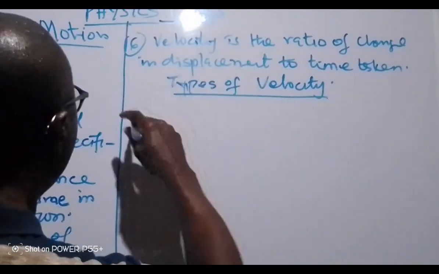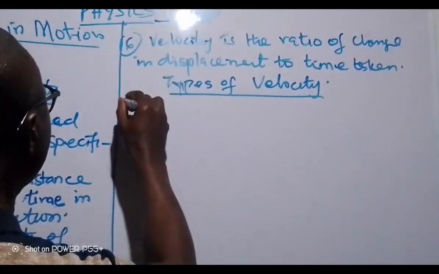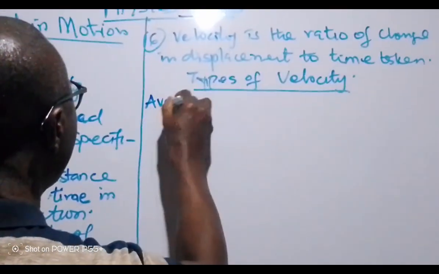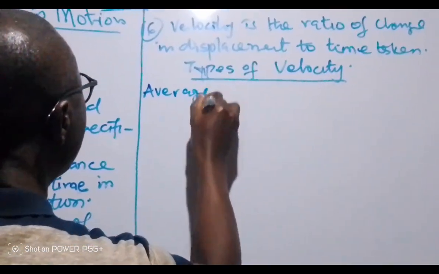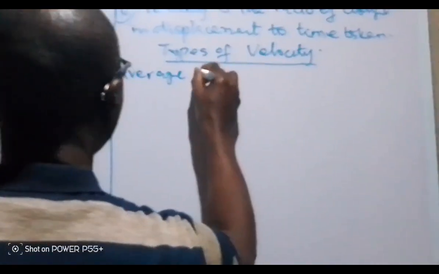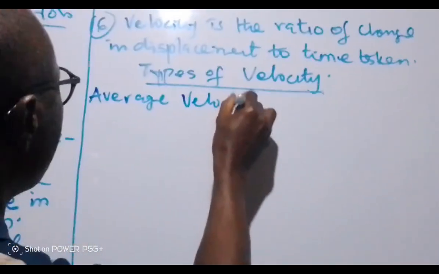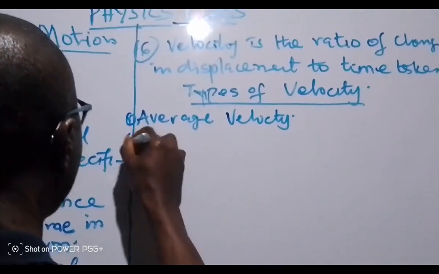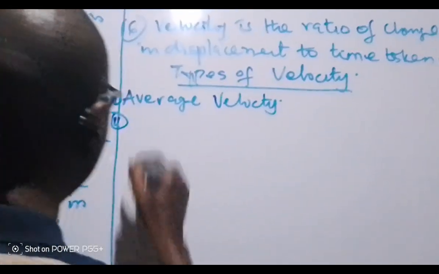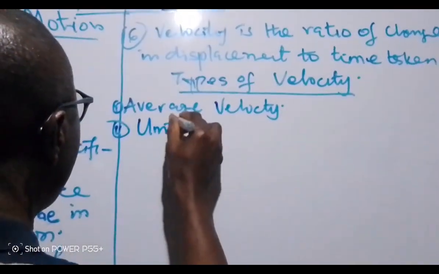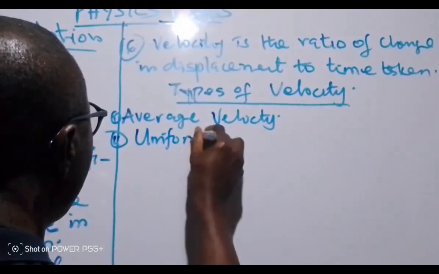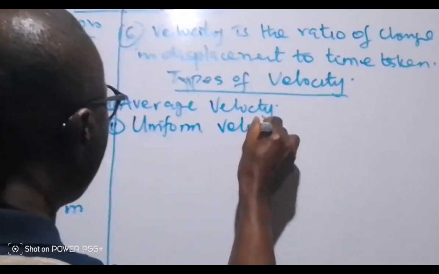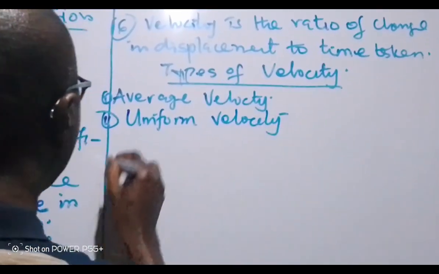Types of velocity. 1. We have average velocity. 2. Uniform velocity. 3.